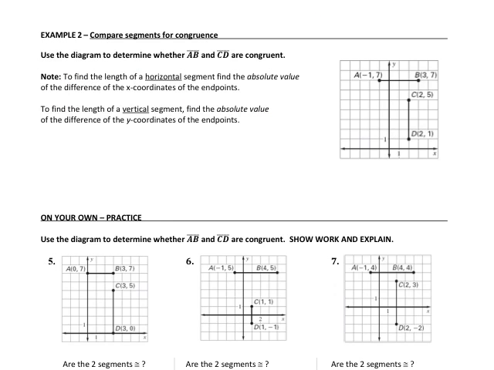All right, so in example number 2, it asks us to compare segments for congruence. We're going to use the diagram, which we have as an XY coordinate grid here, and two segments have been graphed on the coordinate grid. Use the diagram to determine whether segment AB and segment CD are congruent. And you might remember, congruent just means that they have the exact same length.